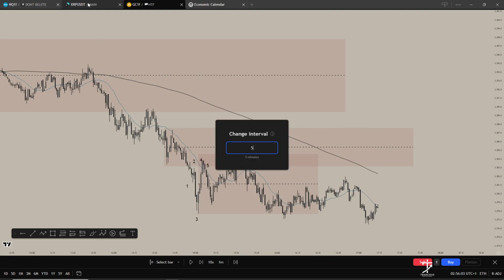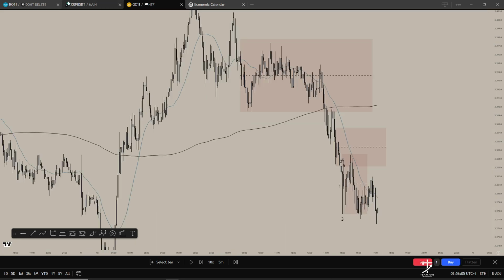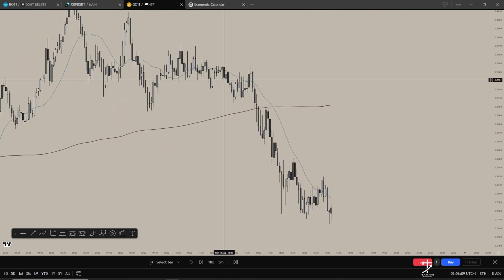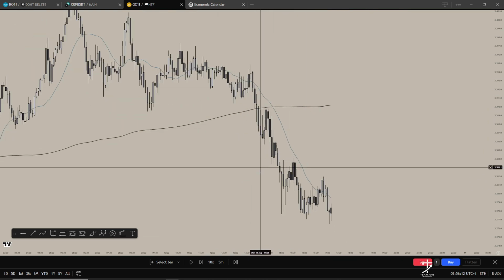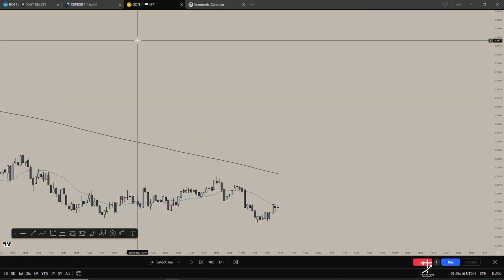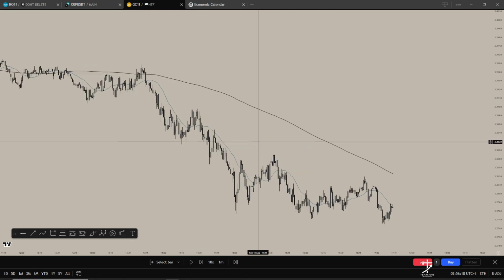So again, in terms of entries, probably don't have the cleanest one, if I'm going to be completely honest. However, if you was looking for shorts, yes, there was potential trades that you could have taken, but for me, I can't.